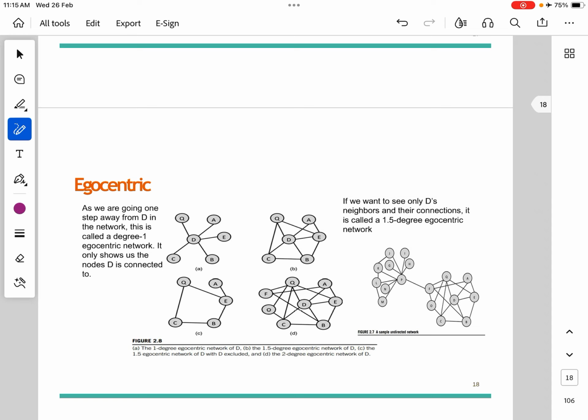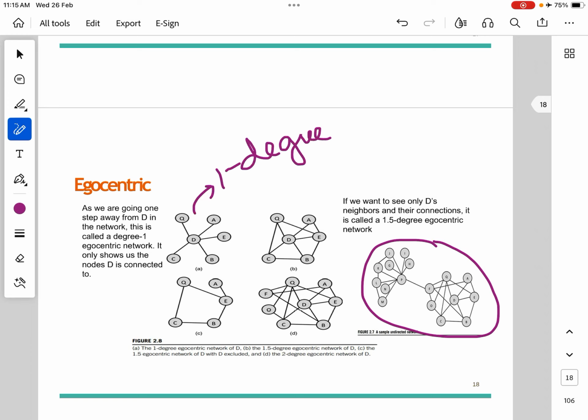Egocentric network. What is an egocentric network? If we take this example, then this is a 1 degree egocentric network. Why is this a 1 degree egocentric network? Let's understand. As we are going one step away from D in the network, this is called a degree 1 egocentric network. It only shows us the nodes D is connected to.